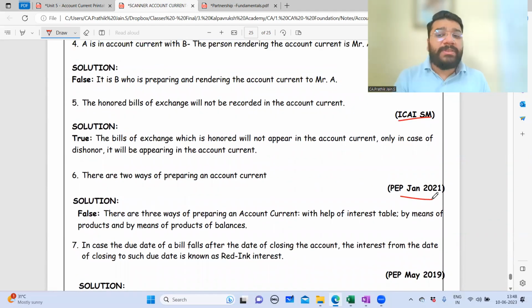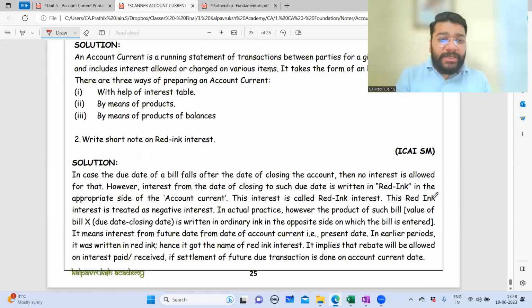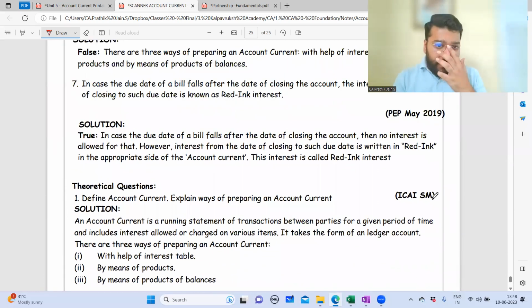This is PEP Jan 21 true and false. In addition to that, behind every scanner chapter there is additional true and false that I've given you from different books. If you study all that true and false, it is more than sufficient. MTP, RTP, ICAI model, past exam papers, additional books, all true and false is covered.